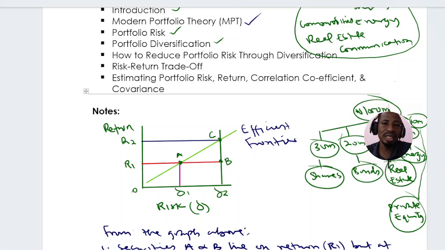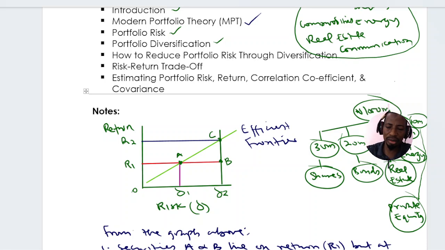In fact, international diversification is a better way of diversifying investments, because having operations in international markets will help the company or investor, will help the investment to be resilient. Okay, all right. So that is how to minimize portfolio risk through diversification.